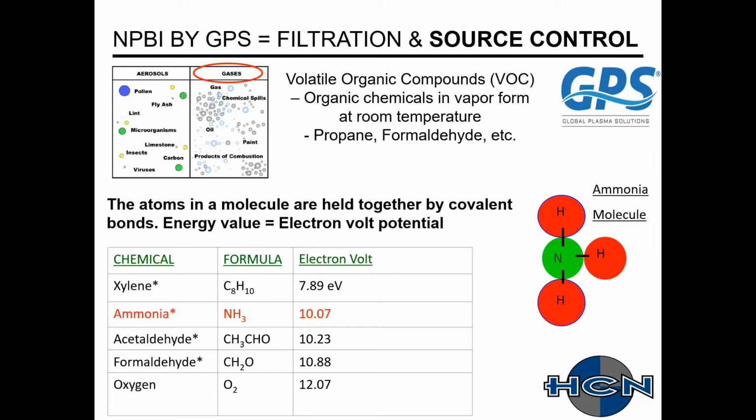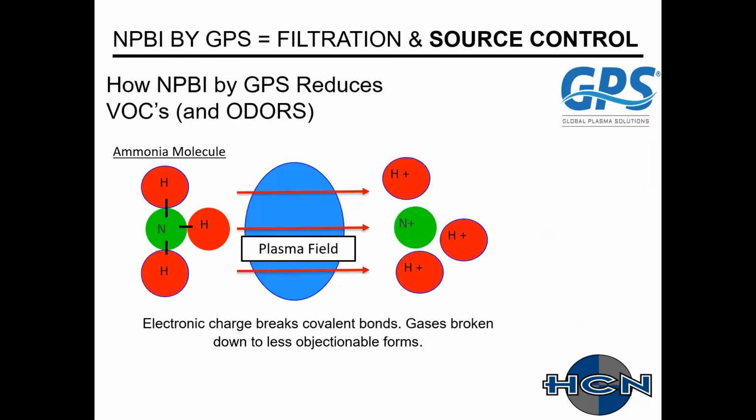One I've highlighted is ammonia. Ammonia consists of a nitrogen atom with 3 hydrogen atoms. The electron volt potential is 10.07. All right. So GPS reduces VOCs as well as odors by taking that ammonia molecule as it crosses the plasma field. An electronic charge breaks the covalent bonds.